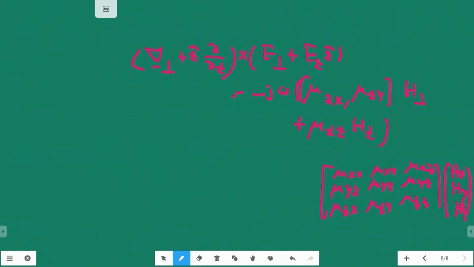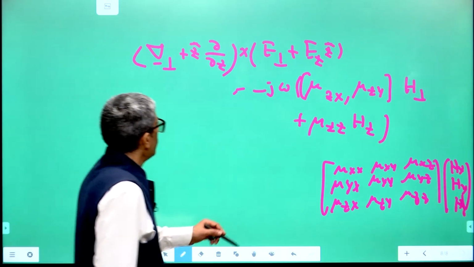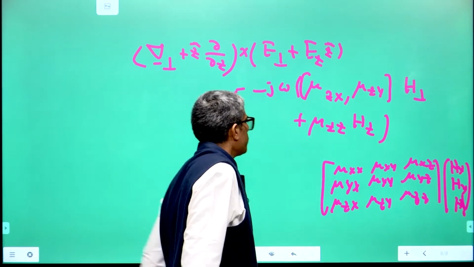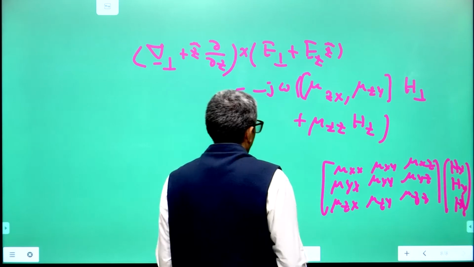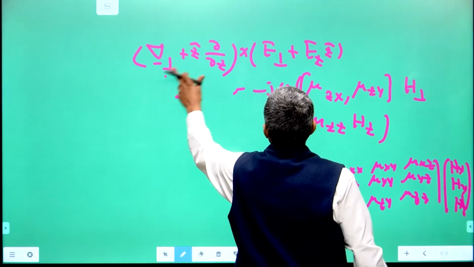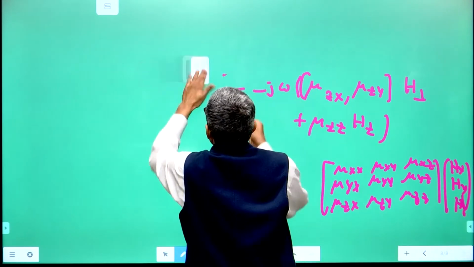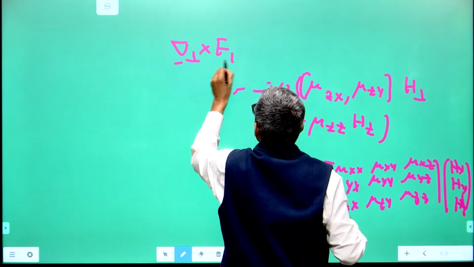Okay. So if you substitute this into this equation, and likewise for h perpendicular, and likewise for h from Maxwell's curl equation for h, or equivalently obtained by applying the duality transformation to this equation. So if you look at the z component, on this side also you have to extract the z component. So this will become simply del perpendicular cross E perpendicular equals this.